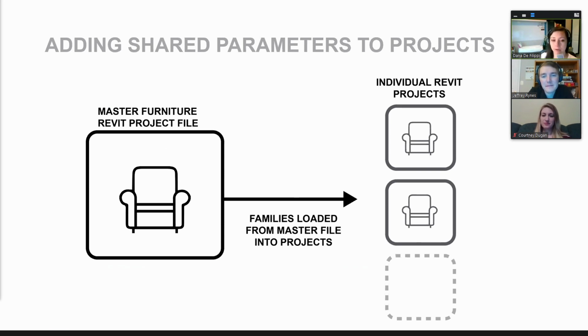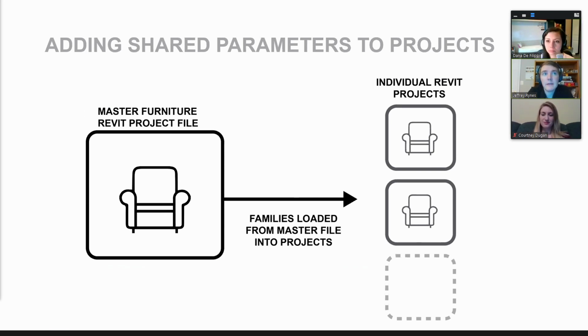And of course, our other disciplines, MEP, structural, they're linking in the architectural model. So I can see everybody wanting to obtain some sort of information. And I think the Revit rooms is probably pretty common, right? We typically want to know what those names and numbers are. So whether you have a piece of furniture or mechanical equipment or electrical equipment family, we could think about it in the same way.